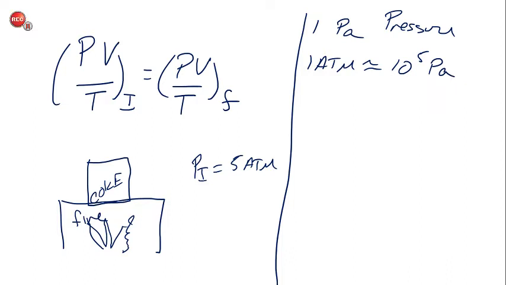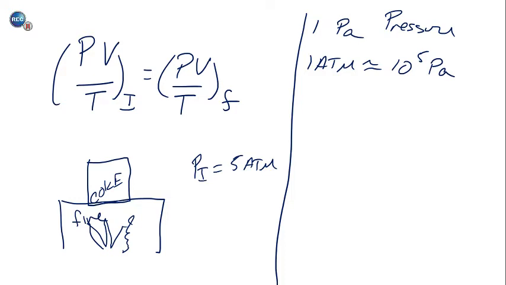So, you can look that up. By the way, if you're looking up units, the front of the book has the physical constants, and the very back of the book has your unit conversions. And so all this stuff is there. You can look up an atmosphere is 1.013 times 10 to the 5 newtons per meter squared.